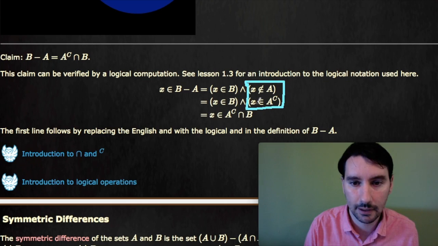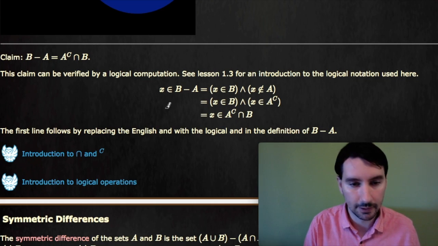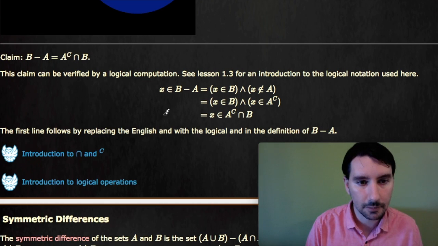So that's saying that x is in B and x is in A complement, or in other words, x is in A complement intersect B. So an element is in one of these sets if and only if it's in the other, because it's logically equivalent to say x is in B minus A or x is in A complement intersect B.